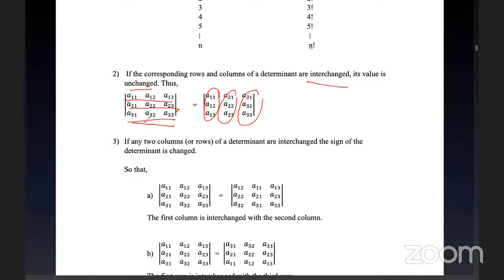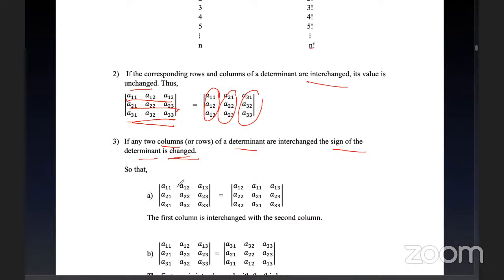Okay, pakitandaan. Number 3, if any two columns or rows of a determinant are interchanged, the sign of the determinant is changed. Ayan. So if any two columns or two rows of a determinant are interchanged, yung sign ay magbabago. Okay, so let's try to look at this one.